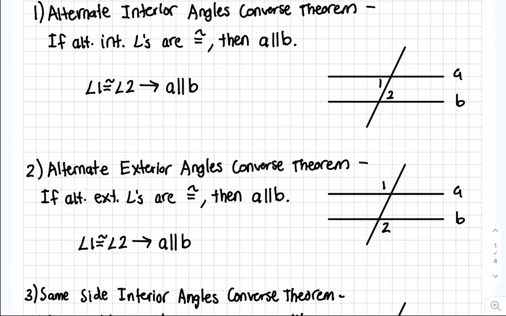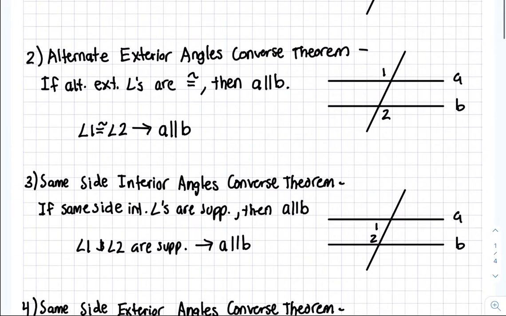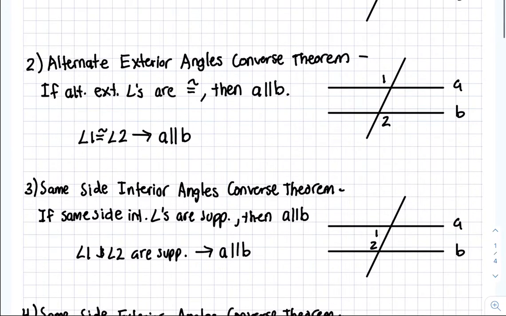If the two angles are supplementary first, then we can say A and B are parallel. It's pretty much what you know, but reversed. We used to have parallel lines given to us first, and then we could say those statements. Now we have these different statements, and we can use them to prove we have parallel lines.